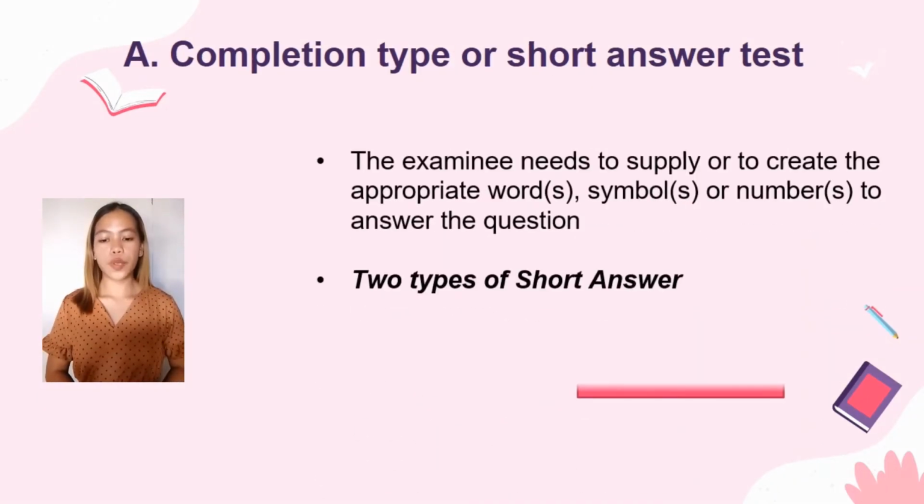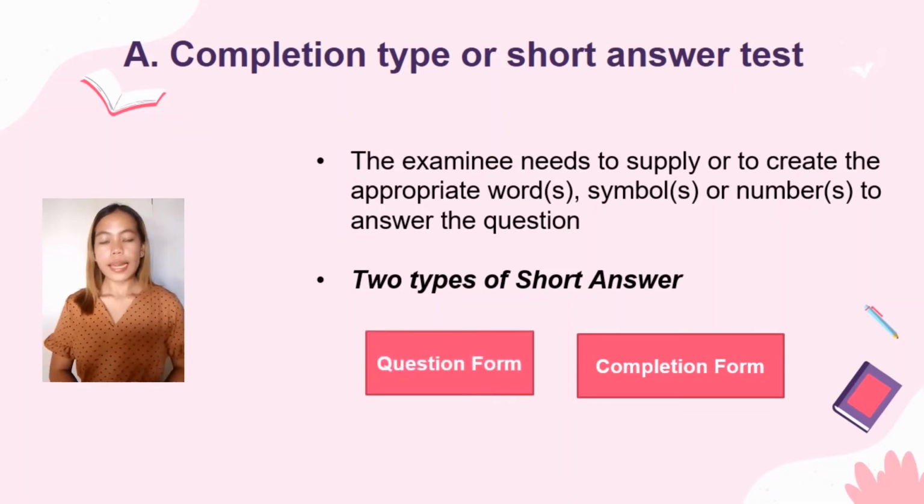Completion type or short answer test is an alternative form of assessment because the examinee needs to supply, create, and write appropriate words, symbols, or a number to answer the question or complete the statement rather than selecting the answer from the given options.